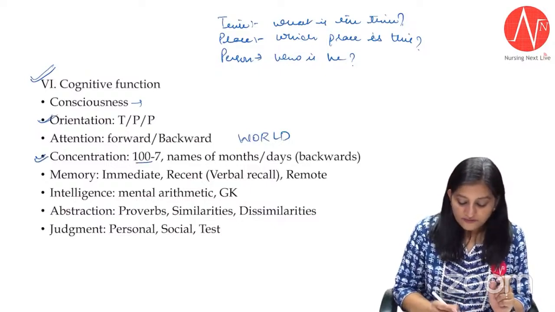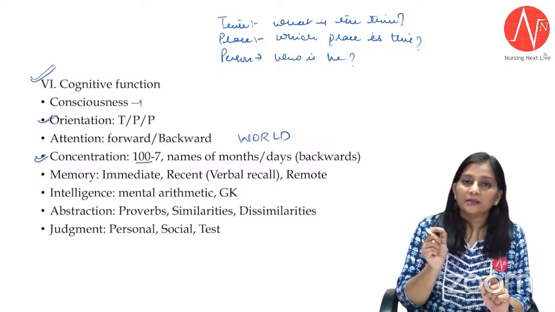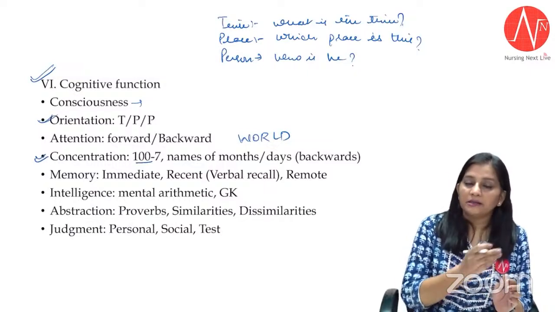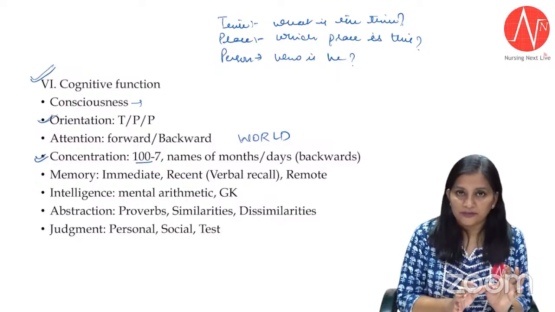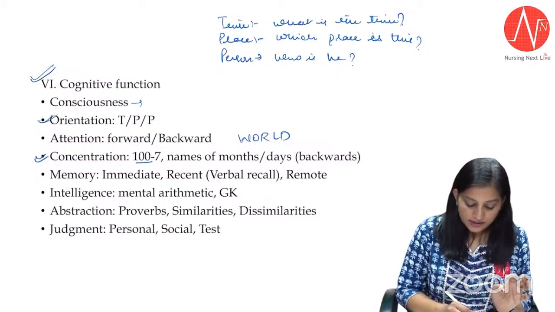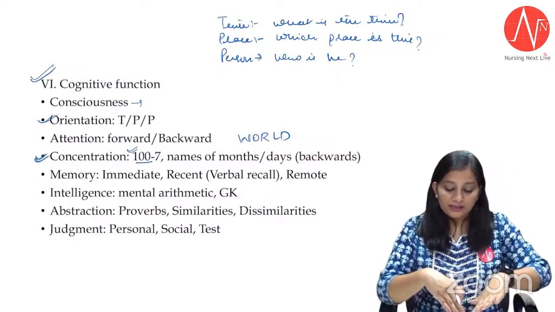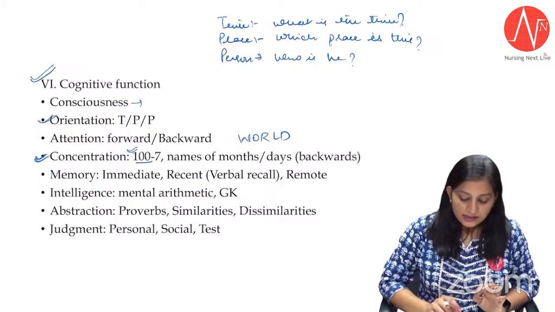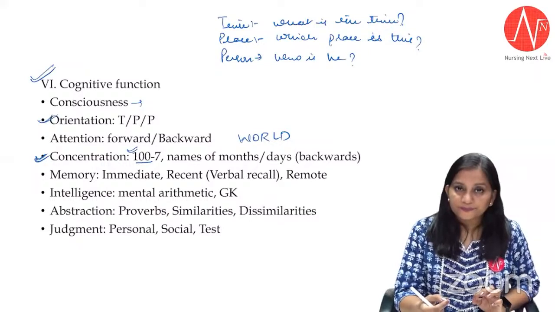Then concentration. For concentration, we give a small task to the patient. We tell the patient to reduce 7 from 100 and keep on reducing it at least 3 to 5 times. This is how we check concentration. We give 100 minus 7 because this number requires more concentration.